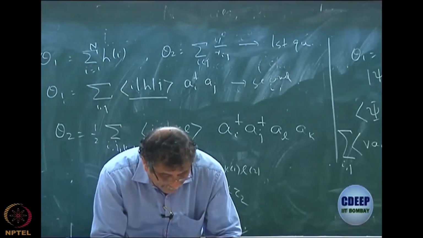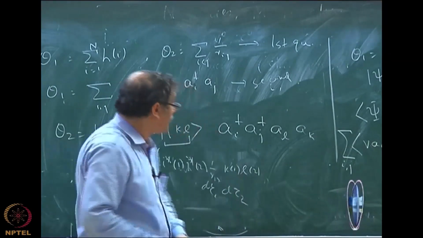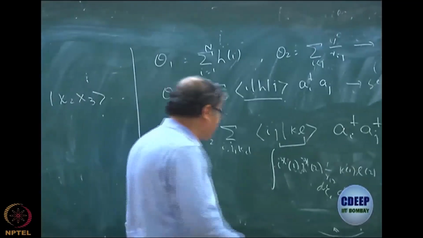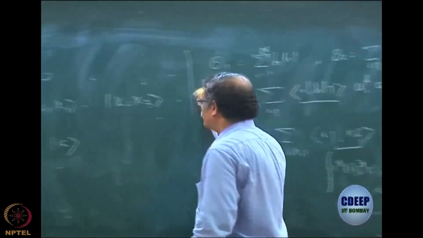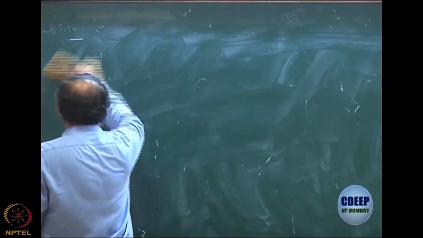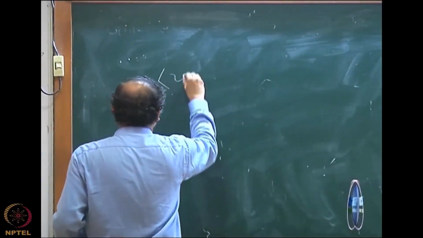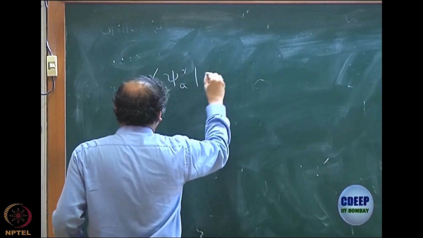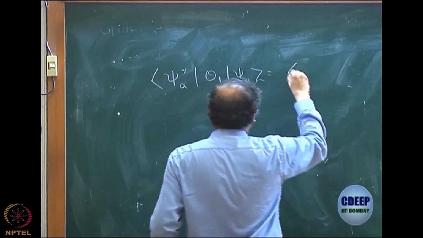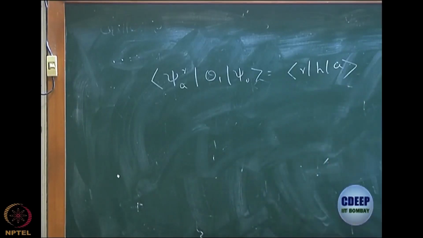Okay. You can also practice similar problems like the following problems on singly excited determinant. Note that many of these problems are given in the text, in the Szabo-Ostlund. So please read this. So for example, if you have psi AR theta 1 psi 0, show that it is equal to R AJ, exactly in the same manner.